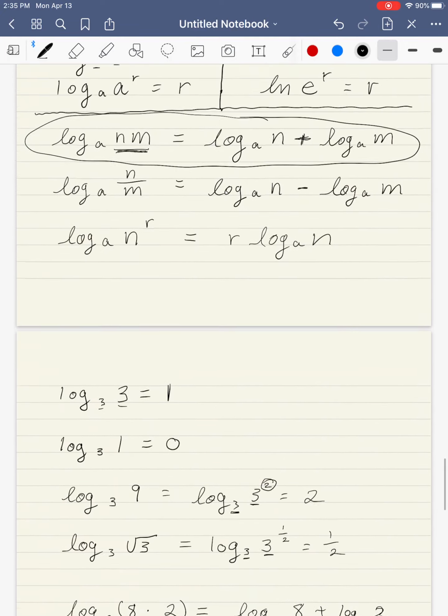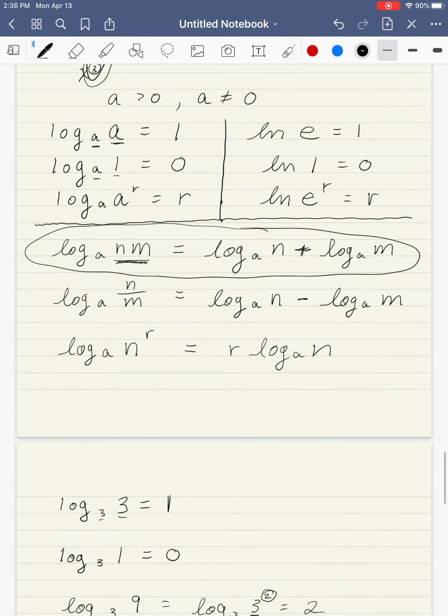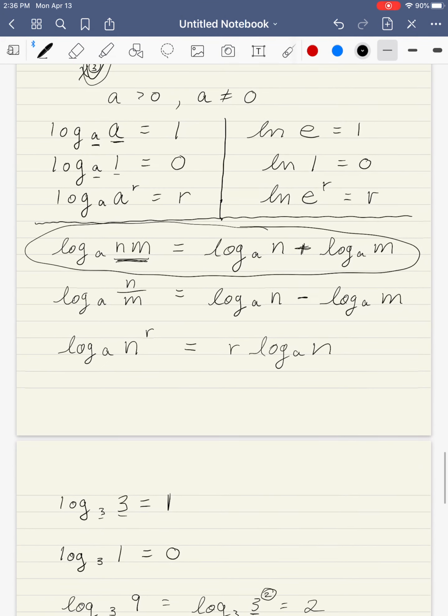In our next lesson, we're going to practice using these principles to rewrite logarithmic statements, starting with a single logarithm and then writing it as sums, differences, and products.